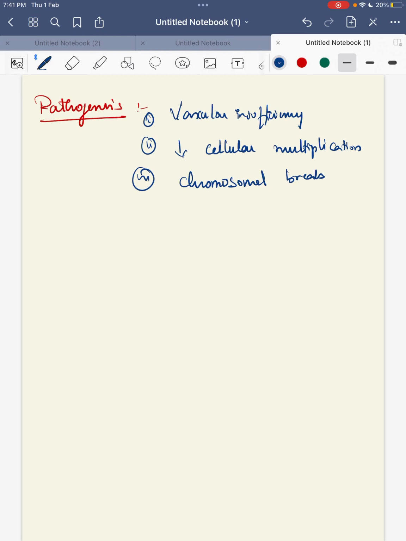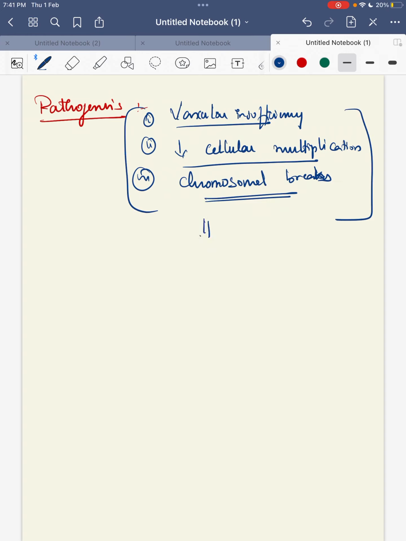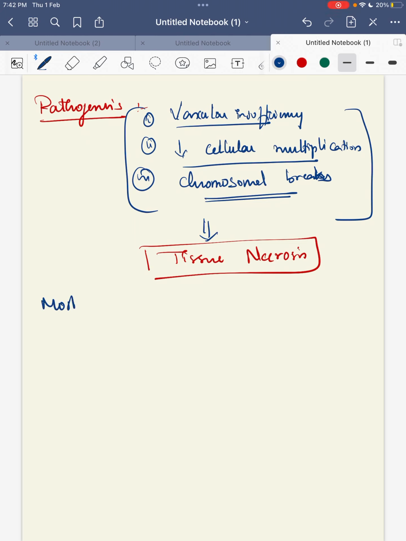Third, it can cause chromosomal breaks. So vascular insufficiency, decreased cellular replication and chromosomal breaks will all lead to tissue necrosis. This tissue necrosis causes cellular and tissue damage. So this is the pathogenesis of rubella.